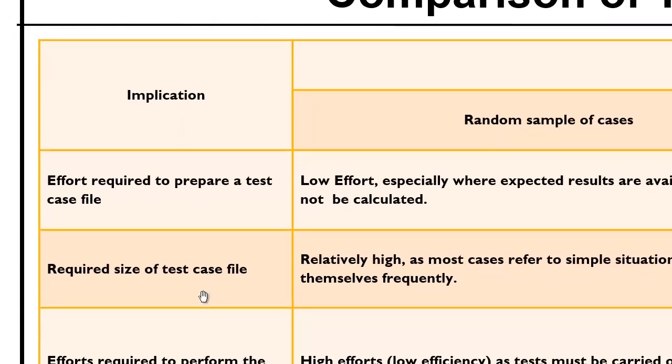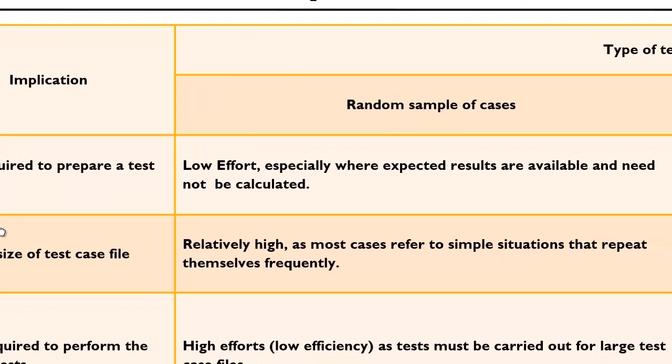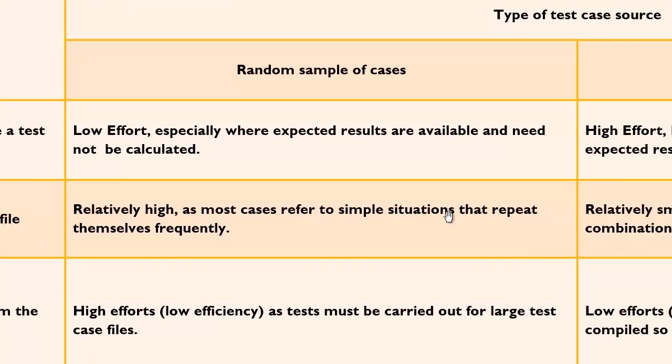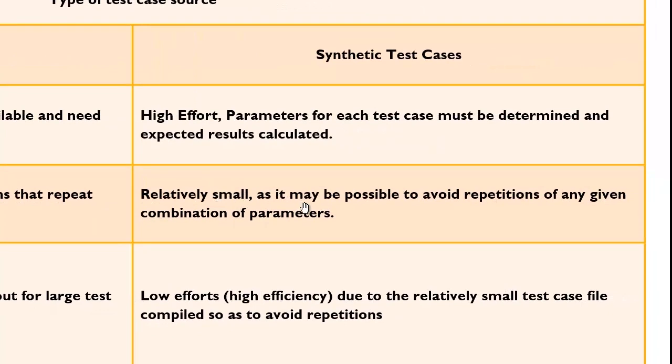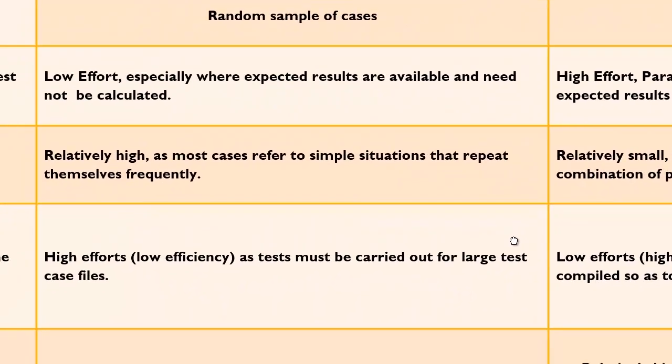Implication: required size of test case file. Random sample of cases relatively high, as most cases refer to simple situations that repeat themselves frequently. Synthetic test cases relatively small, as it may be possible to avoid repetitions of any given combination of parameters.